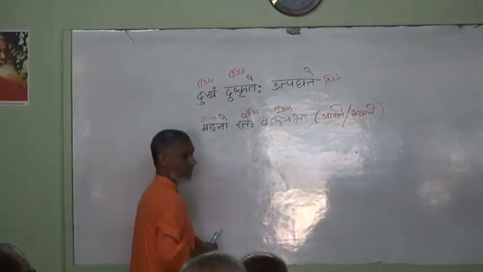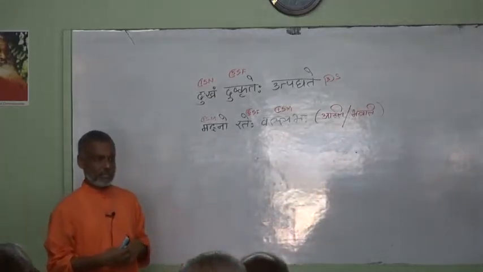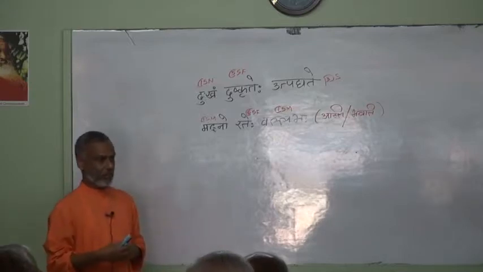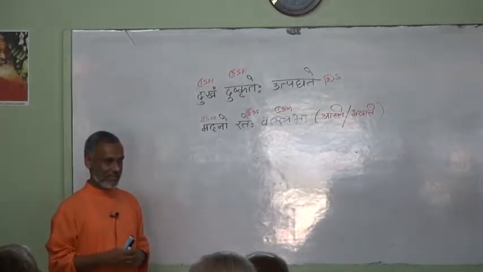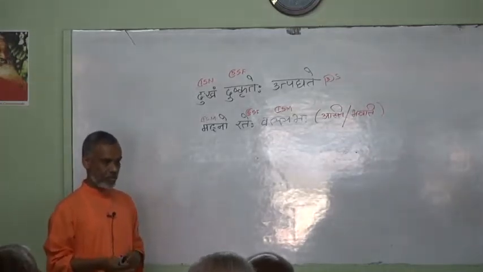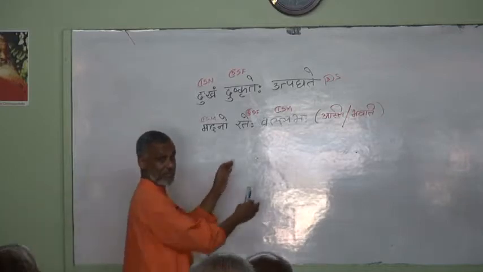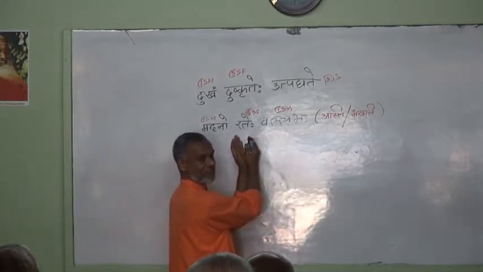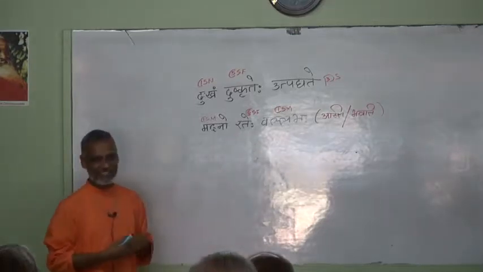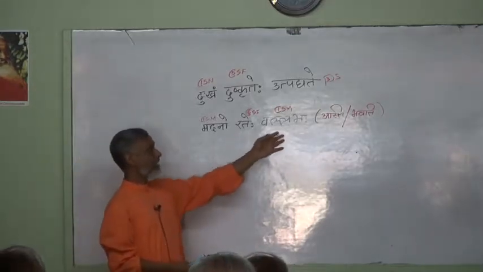The beloved Madana becomes, or like the tall Madana. That's an adjective, na? The short Madana. Tall and short is an adjective. The beloved Madana of Rati, like that. They become like an adjective.